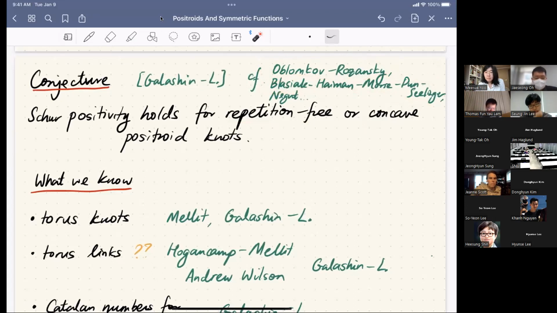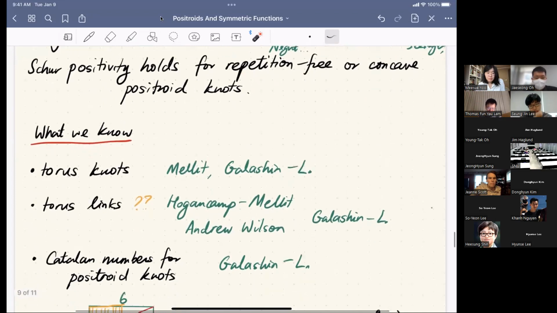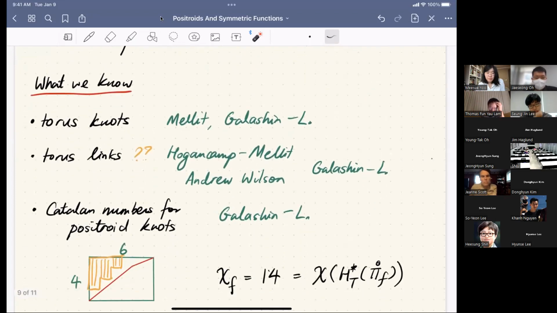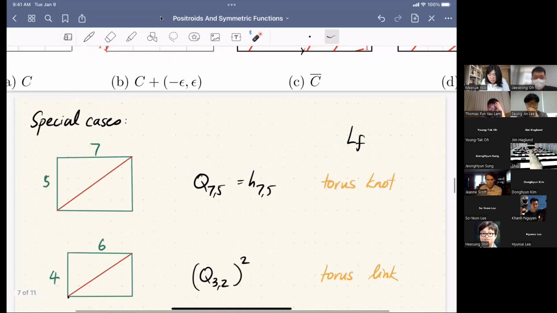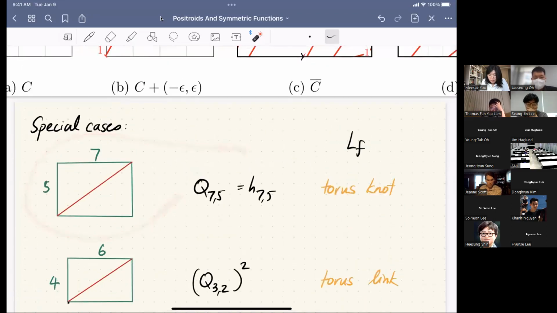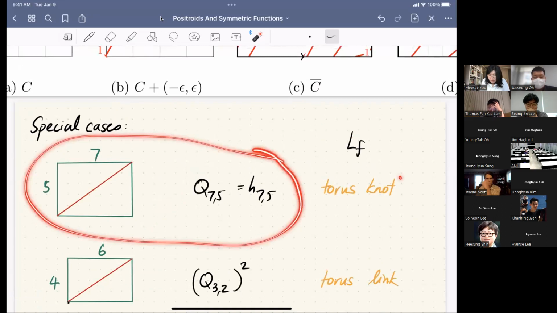So which cases have been studied? The case where basically everything is known is the case where you just take this case, which is just Q75. So that's the case of a torus knot.